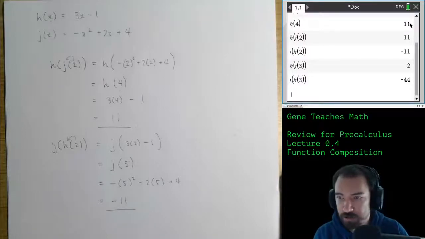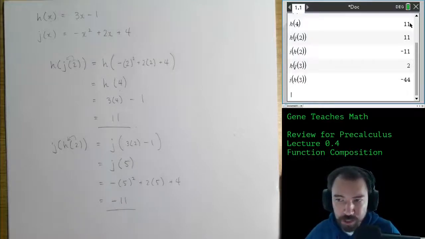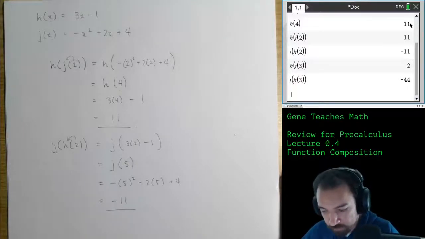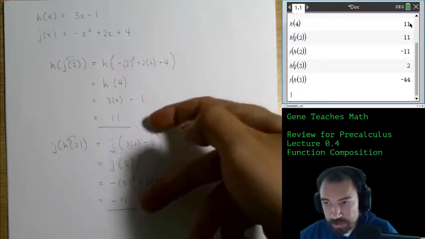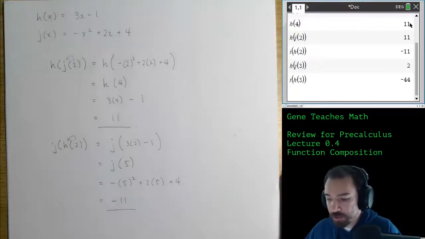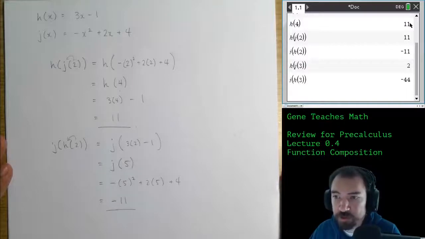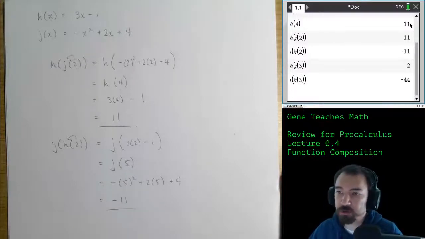No, not at all. Switching the order doesn't necessarily make the output negative. And of course, switching the order is not always going to make the same output. So be careful. Switching the order in function composition doesn't generally give you anything easy to deal with. They're simply different ideas. Order is very important.